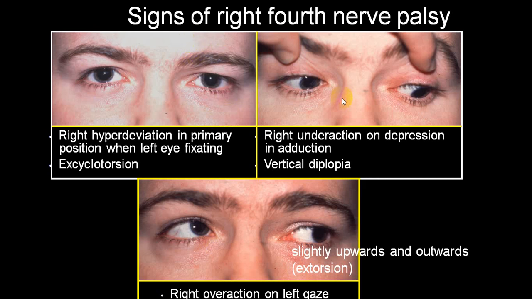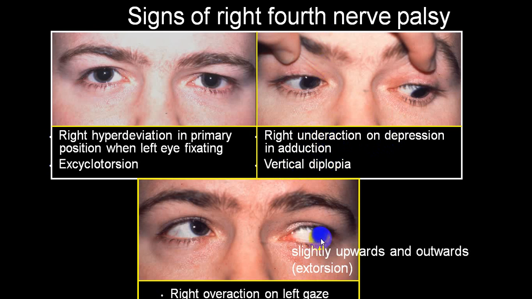So here you can see, this is normal: right side hyperdeviation in primary position when the left eye is fixating, with extorsion, and when you lift the eyelids you can see the movements. Right side: underaction on depression in adduction, and vertical diplopia. The person will have vertical diplopia.